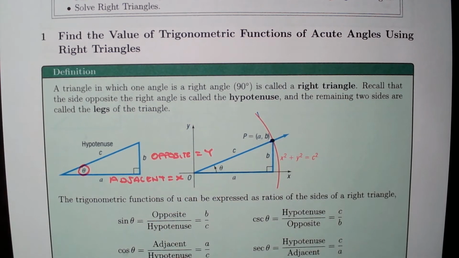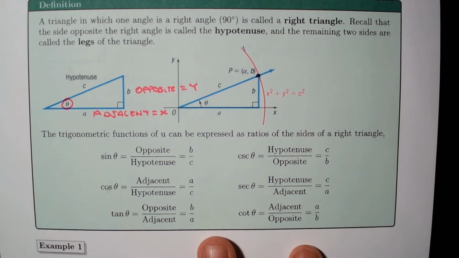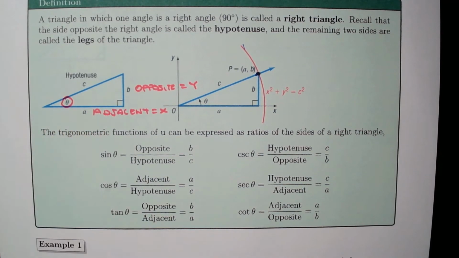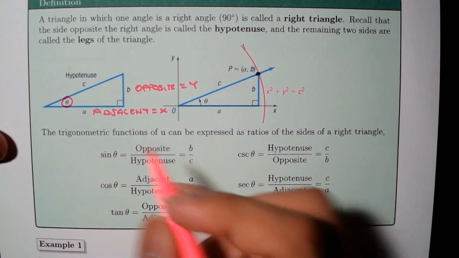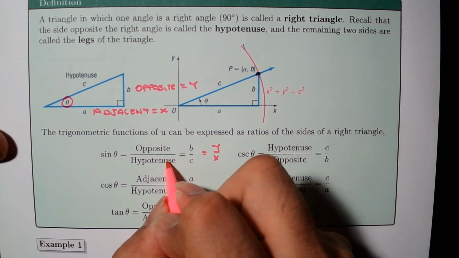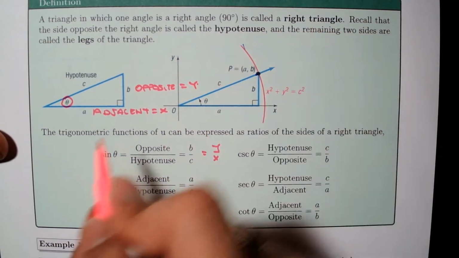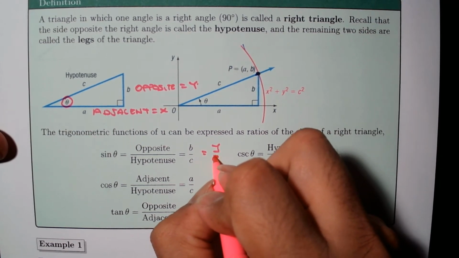So if we define the trigonometric functions as the sides of a right triangle, they are still going to be the same. Sine, which was y over x, no, not y over x, y over c, is opposite over hypotenuse.